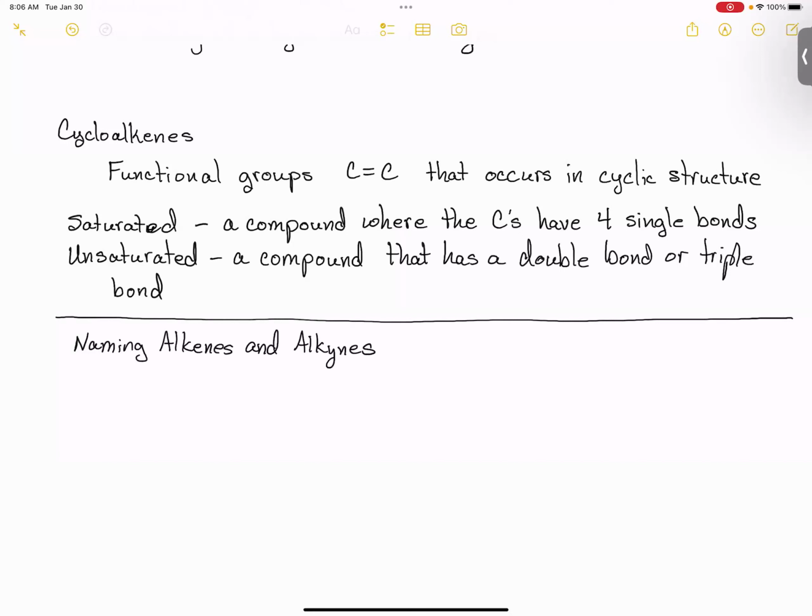Okay, so step number 1 is to name the parent compound.